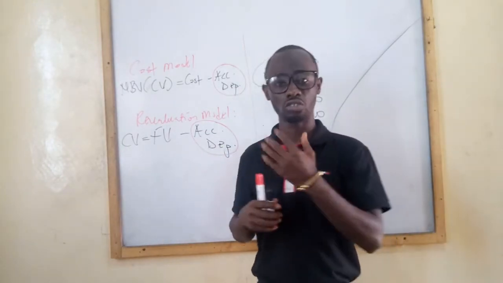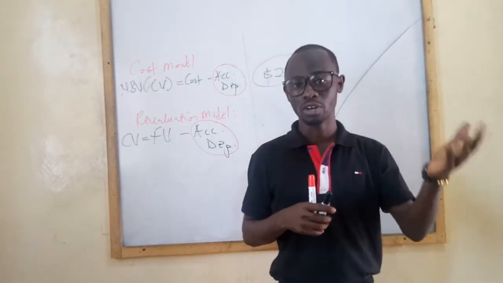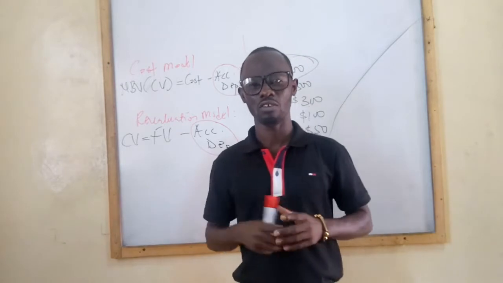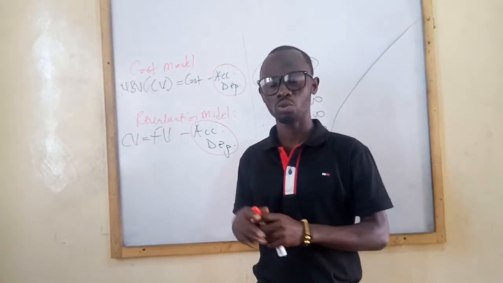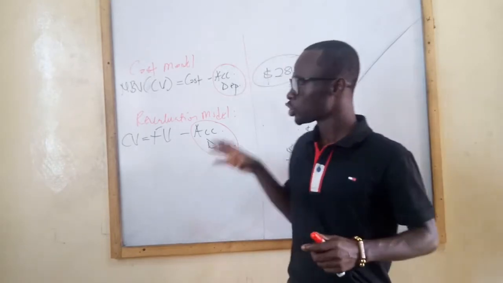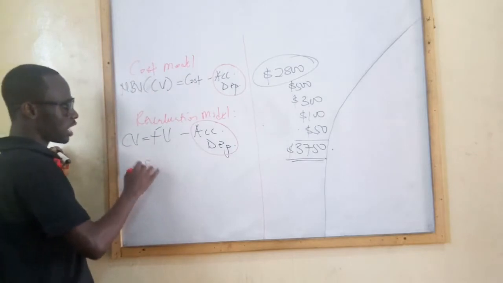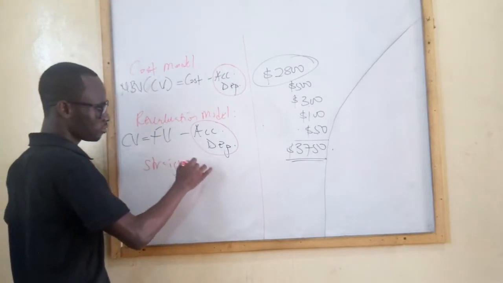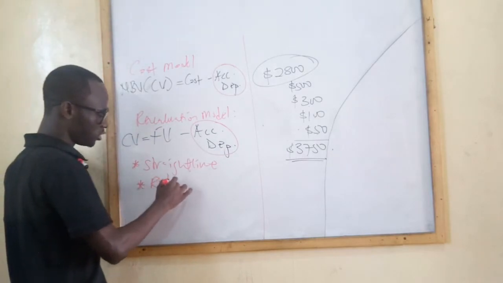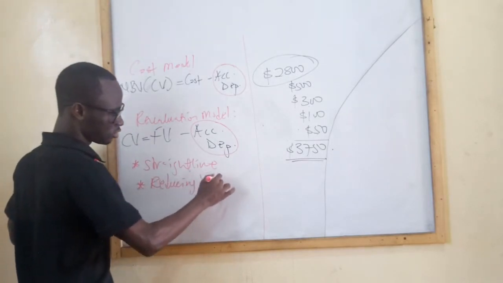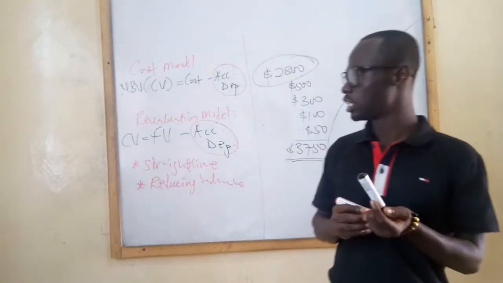We have the Straightline Method, the reducing balance method, the sum of years digits, the production unit method, and I think 5 or 6 methods. But at this level, we just want to focus on 2 methods, all right? So the methods of depreciation we're going to be looking at will include the Straightline Method and also the reducing balance method.